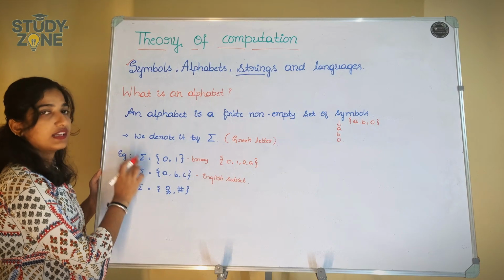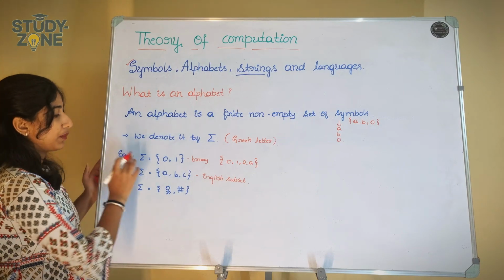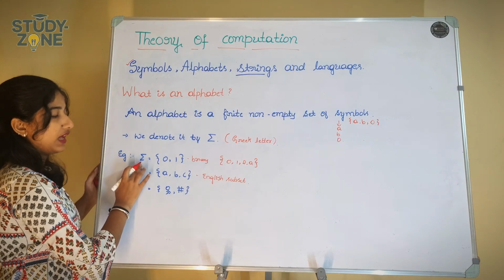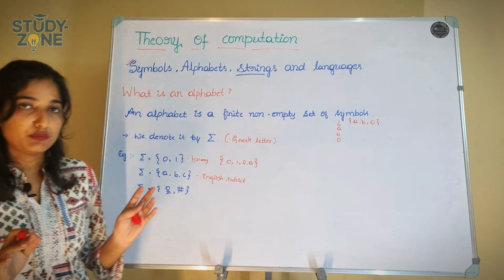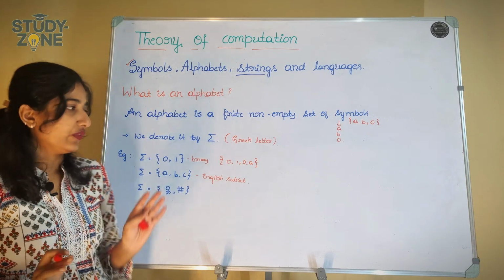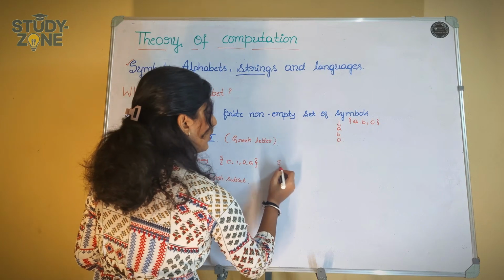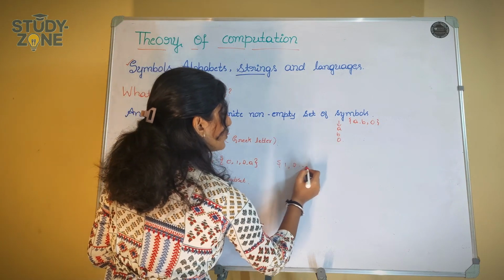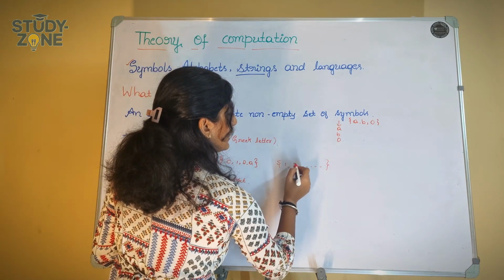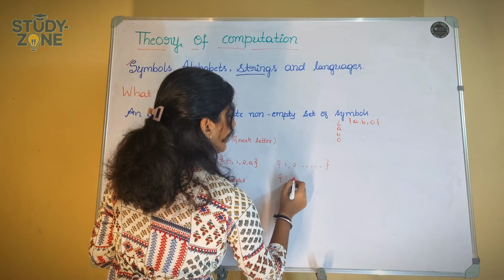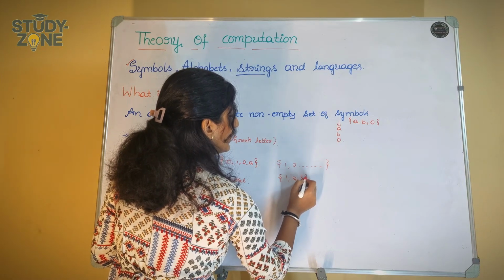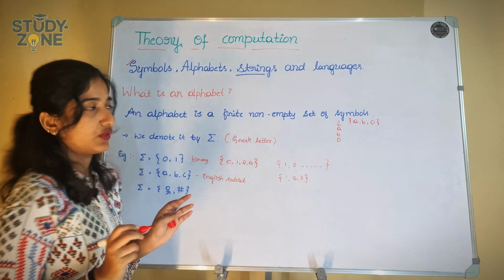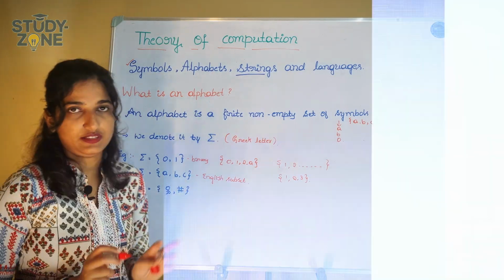This is sigma, a Greek letter, and we represent alphabet by sigma. An alphabet is a non-empty finite set. We can't write it like 1, 2, and so on, because it is a finite set. It can be 1, 2, 3, like that only. So this is about alphabet.